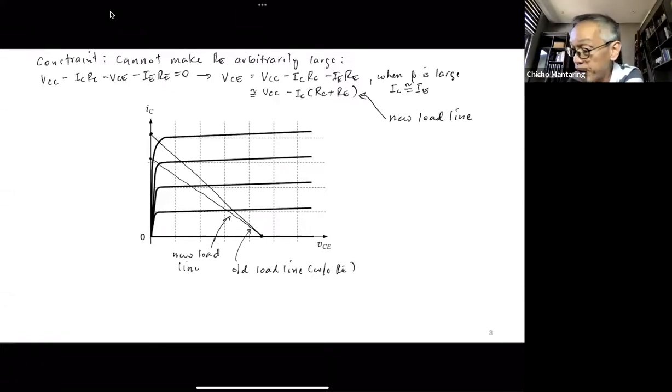This point is VCC over RC, but this point is VCC over RC plus RE. So naturally, mas malaki yung denominator dito, mas maliit yung magiging value ng I of C.